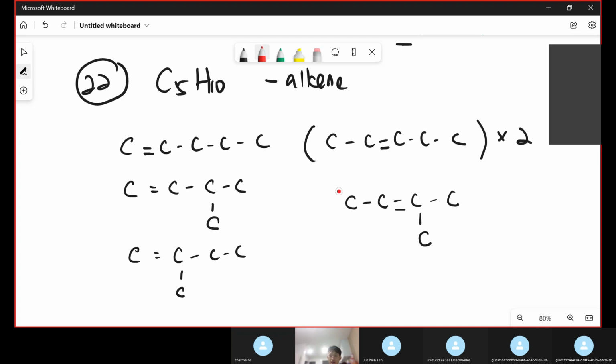You will notice that these two are identical CH3, so no cis-trans. At the end, how many? 1, 2, 3, 4, 5, 6. So there are 6 isomeric structures, without the ring ones. So the answer is C.